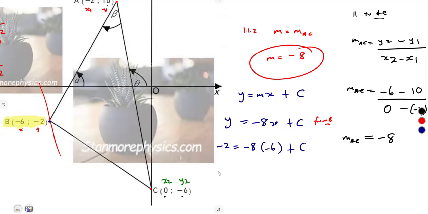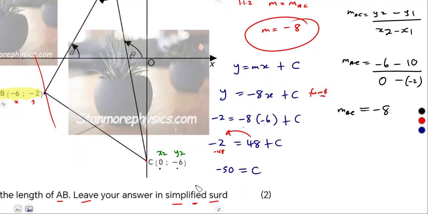We're going to find our c from there. All right. The value of c. Negative, negative, that's positive 48. Then we're going to take this to the other side. It was going to be negative 48, which is minus 50. Minus 2 minus 48, minus 50, is equal to c. So therefore, we have the equation of the line as y is equal to minus 8x plus c.